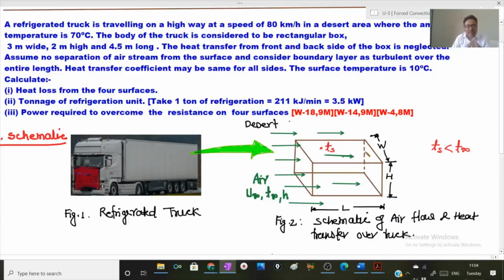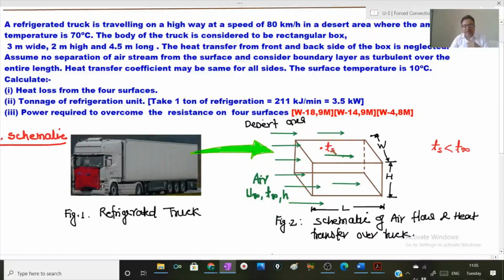And while this truck is moving in the desert area, having its ambient temperature and surrounding fluid as air, having mean free stream velocity U infinity, its temperature T infinity, and convective heat transfer coefficient h.